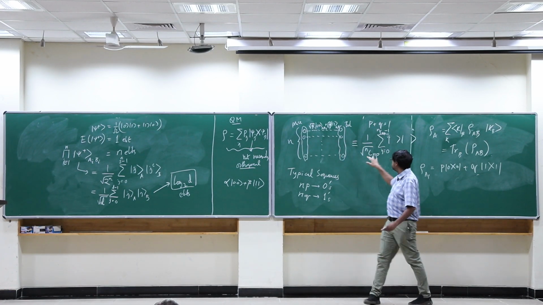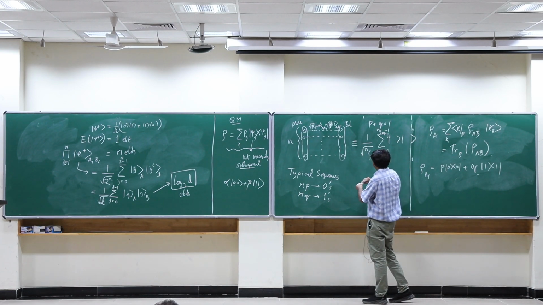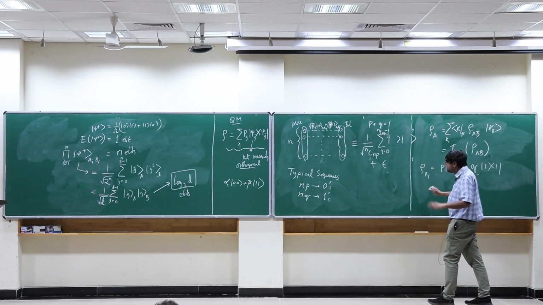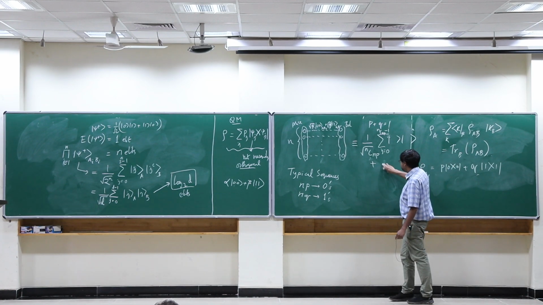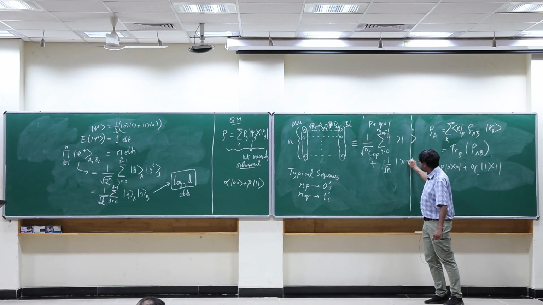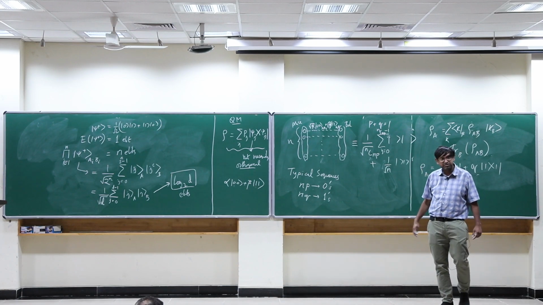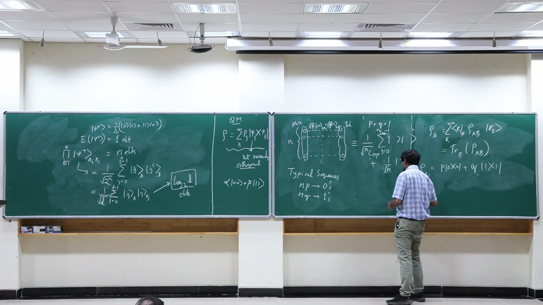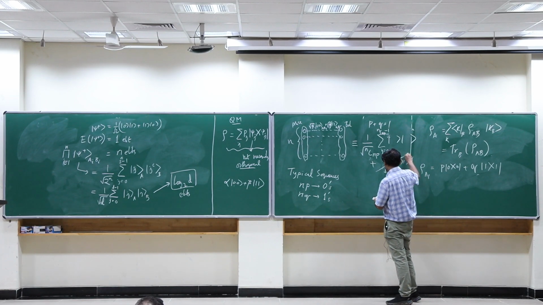All other terms, this state is equivalent to this plus an epsilon, of the order of say 1 by root n, which we throw away. We don't care about that. So, let us just not think about that at all.